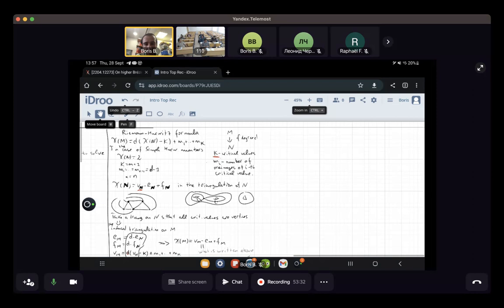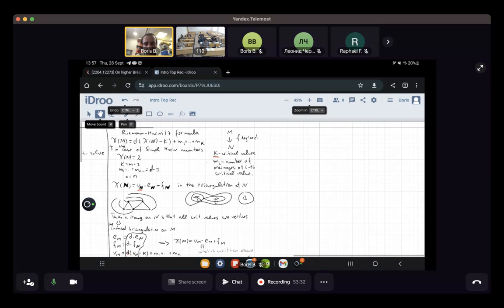So m1 is equal to the number of preimages of the first critical value, and therefore what is N minus m1 plus etc. plus N minus mk.